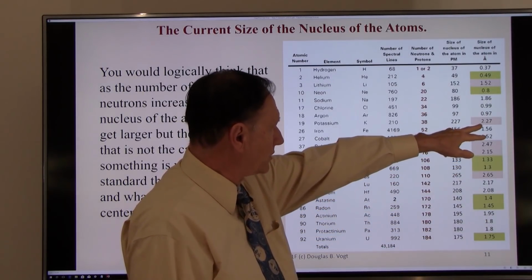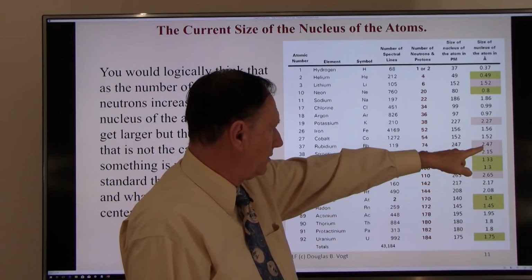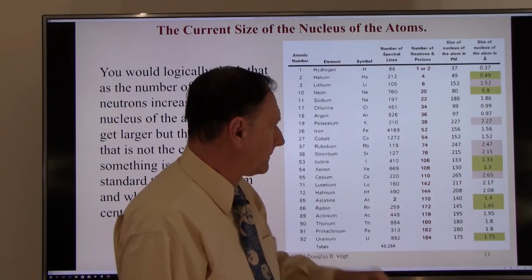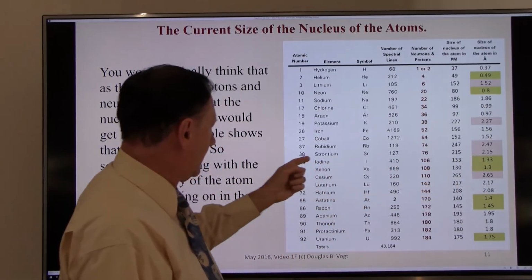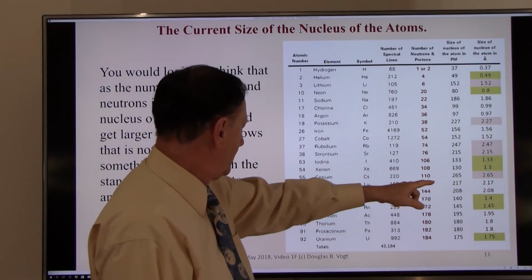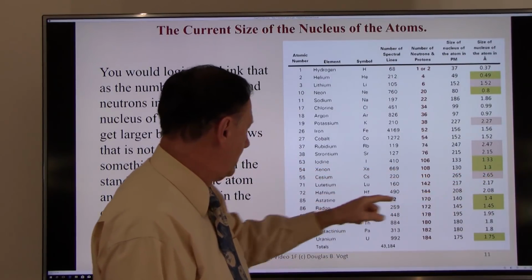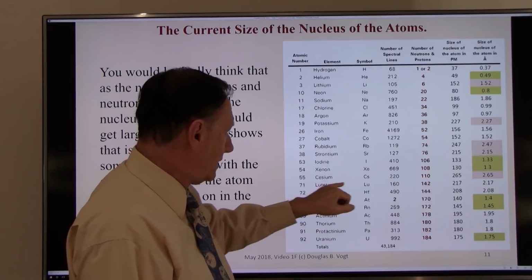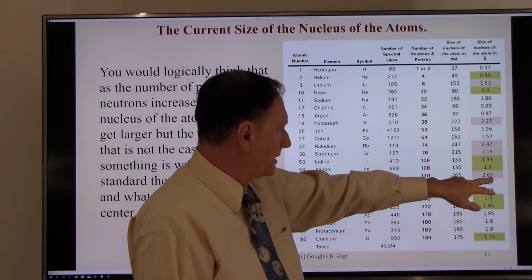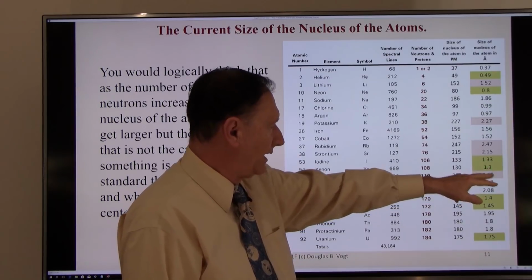Back to potassium is 2.27 or 2.47 for rubidium. I mean, even take here. Iodine is 1.33. Xenon is 1.3 in the center. Next to it, cesium, the 110 protons and neutrons is 2.65. That's double size.